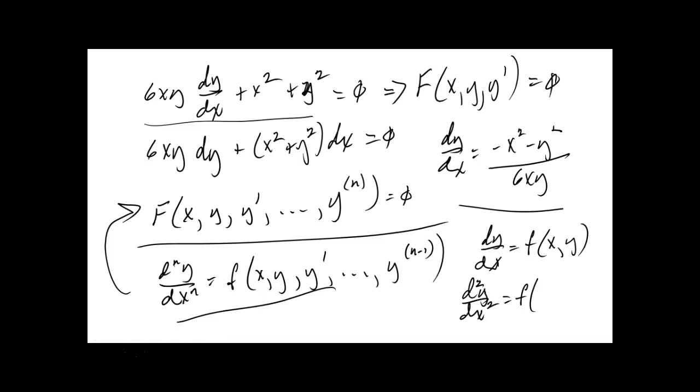If you had any second order differential equation, you would have x, y, and y prime. Exactly. And this is all at the point you make it, that you can write that.